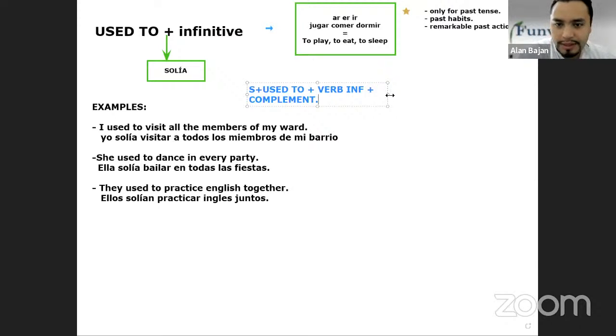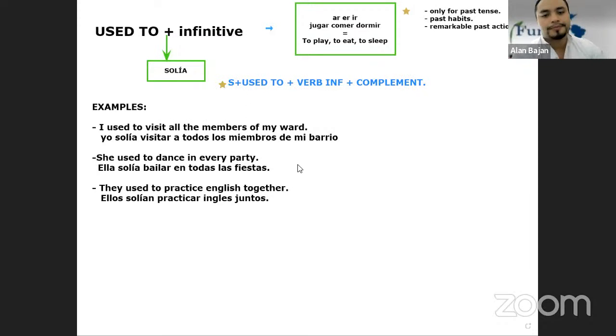Complement or predicate. Okay, so this is the structure here. Please write one sentence with used to plus infinitive affirmative. Write it in the chat. One sentence. Used to plus infinitive in the chat.